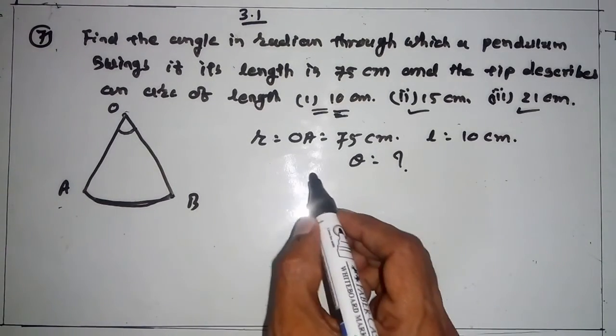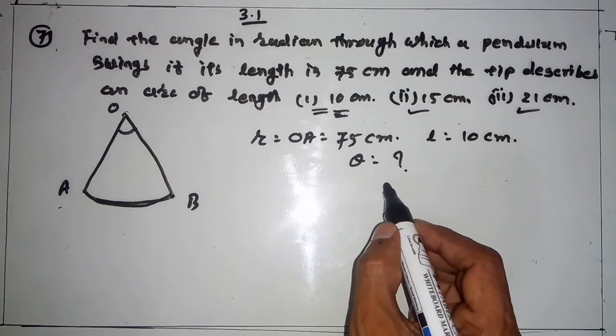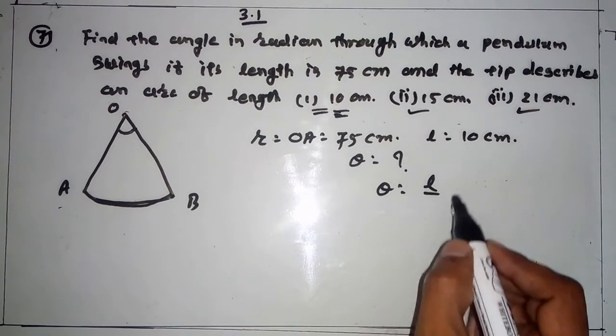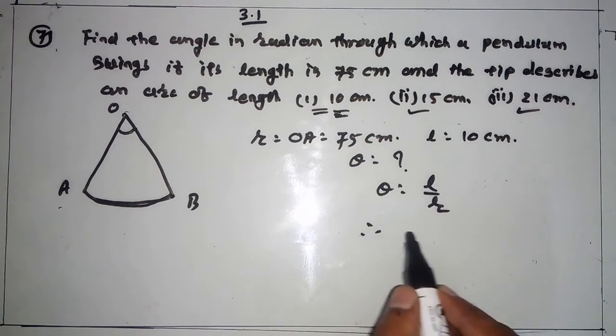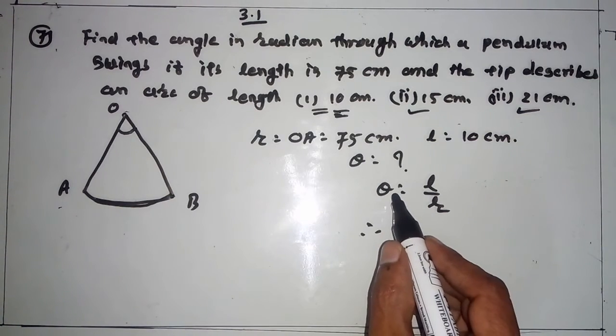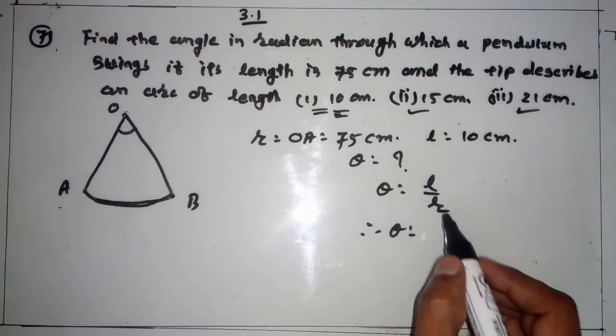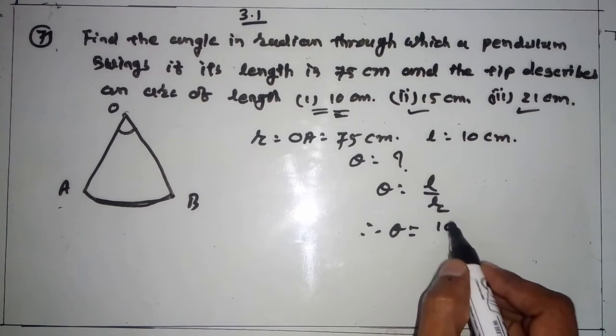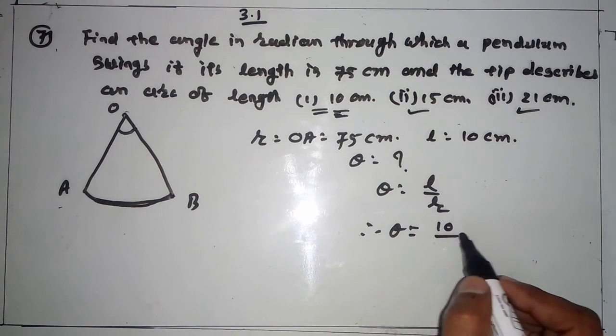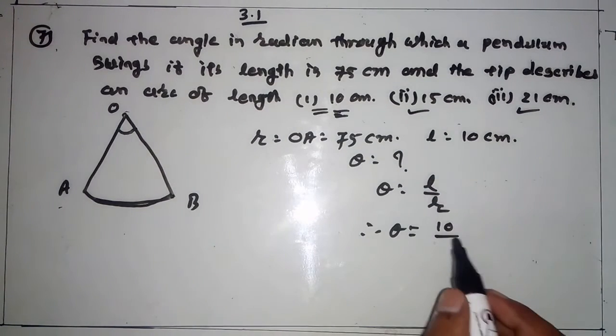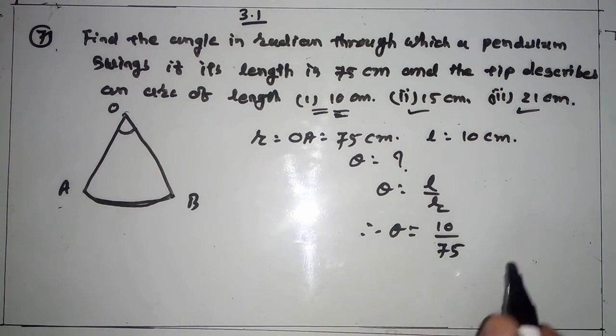We know the formula theta is equal to L upon R. Therefore, here theta is equal to the length of arc, 10 centimeter, upon the radius, the length of the pendulum, 75 centimeter.